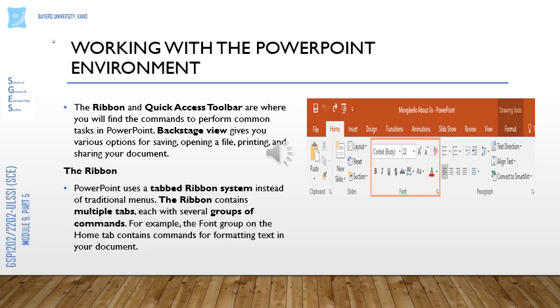A tabbed ribbon system is a system where each of the ribbon buttons has other buttons underneath them. They are attached and grouped together. When we click on the home, there are other buttons attached underneath the home. When you click on the home, they will display. This is the tabbed ribbon system, and Microsoft PowerPoint also uses the tabbed ribbon system.